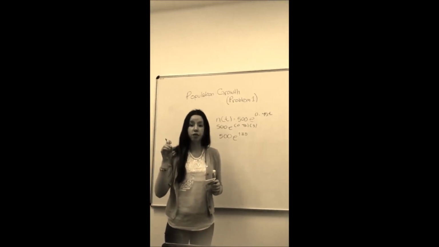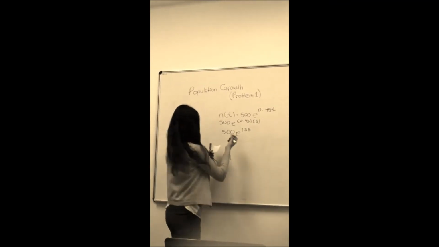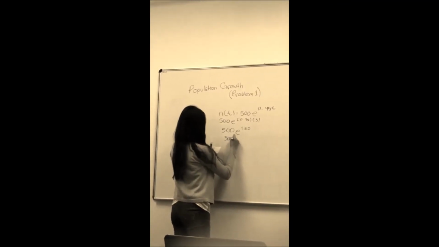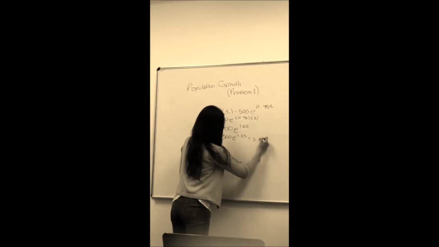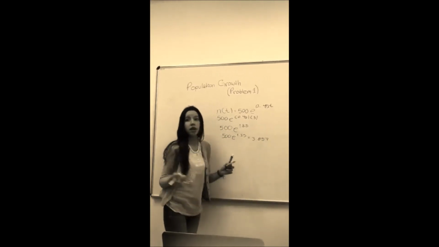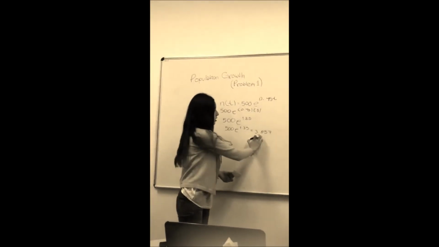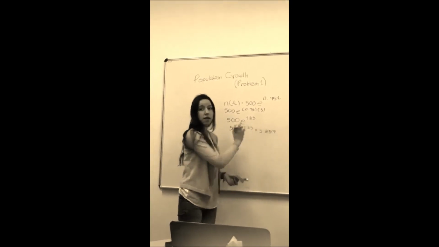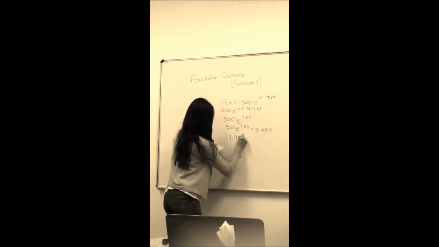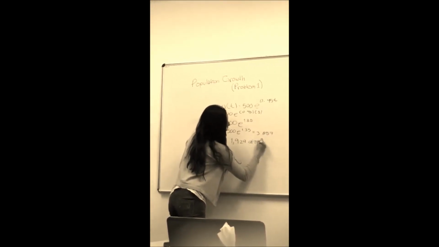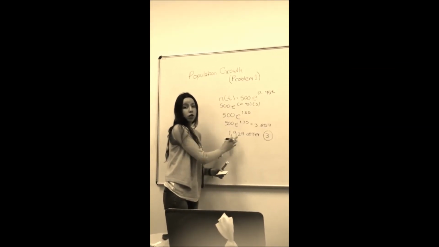We take e, that is a specific number, and raise it to 1.35, and this gives us a result of 3.857. Then you multiply 500 by this number, 3.857, and this gives us the result, that after 3 hours, this is going to be the amount of bacteria in the culture.